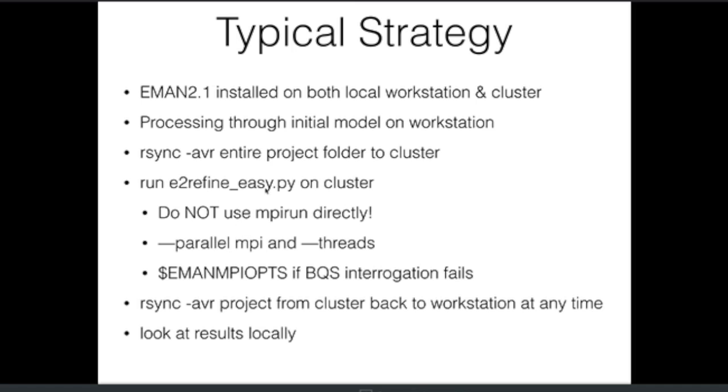So you don't run E2Refine Easy directly with mpirun. You launch E2Refine Easy and you give it options telling it about the MPI environment that it's going to be running in. Then it will run jobs as necessary for as long as the job continues.